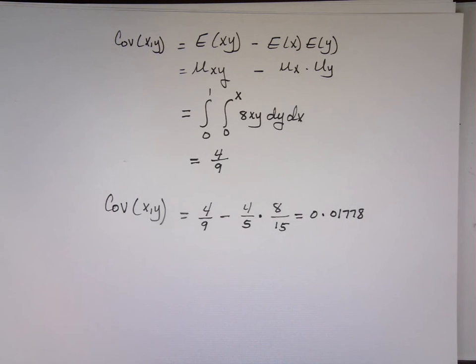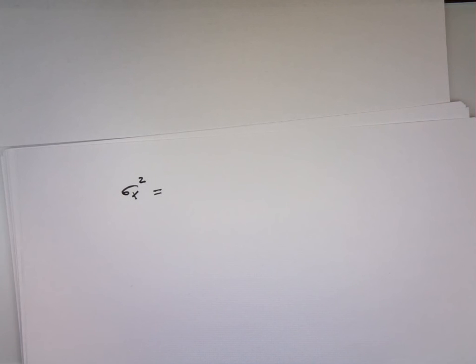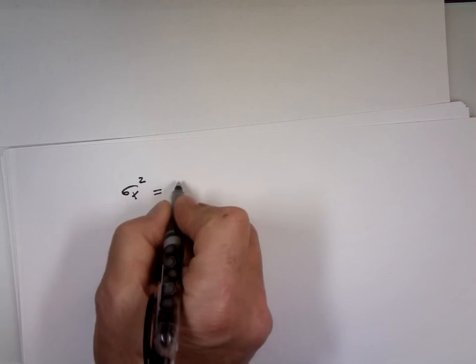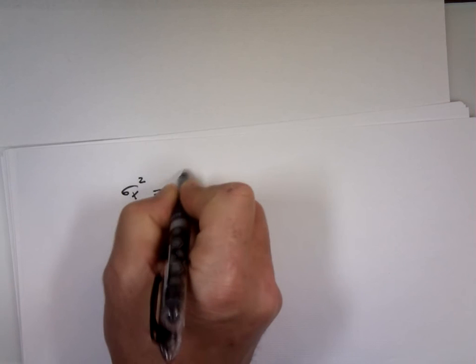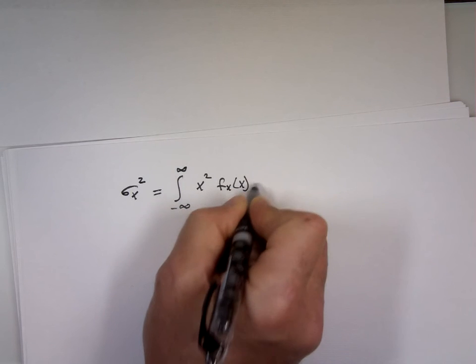So now we get the covariance. What do we have left to do? We need to find sigma x and sigma y. Let's get sigma x. Sigma x is the square root, so if I do sigma x squared, then I'll take the square root after that. It is the integral from negative infinity to infinity of x squared f of x, just like we did the other one.